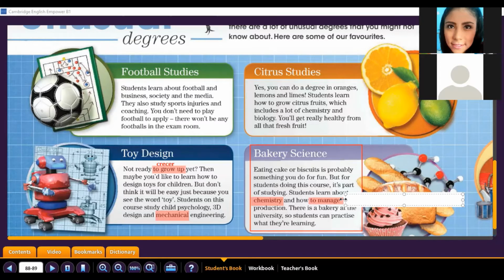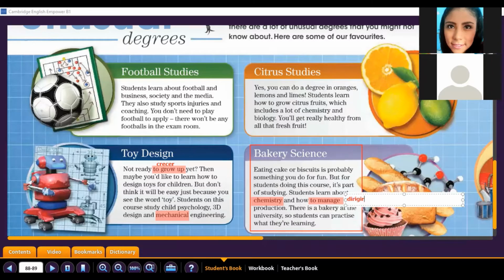Dirigir. Exactly. Dirigir o administrar, ¿no? To manage production. Let me write it over here. Dirigir la producción en este caso. Los estudiantes aprenden química y a dirigir la producción.